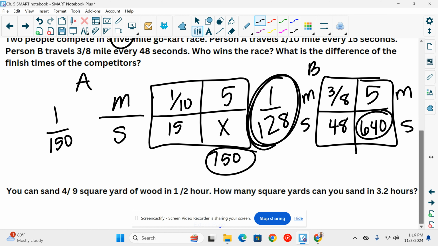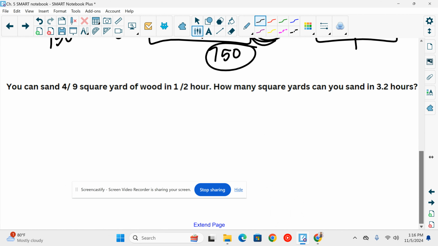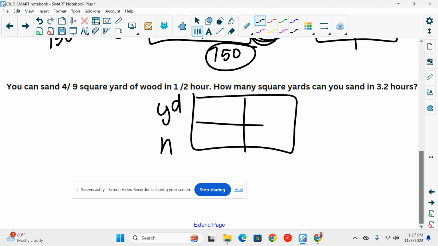I got yards. I did yards over hours. Okay, I got 4/9 of a yard in half an hour. If I do 3.2 hours, when I cross multiplied and divided, I got 2.84 repeating.